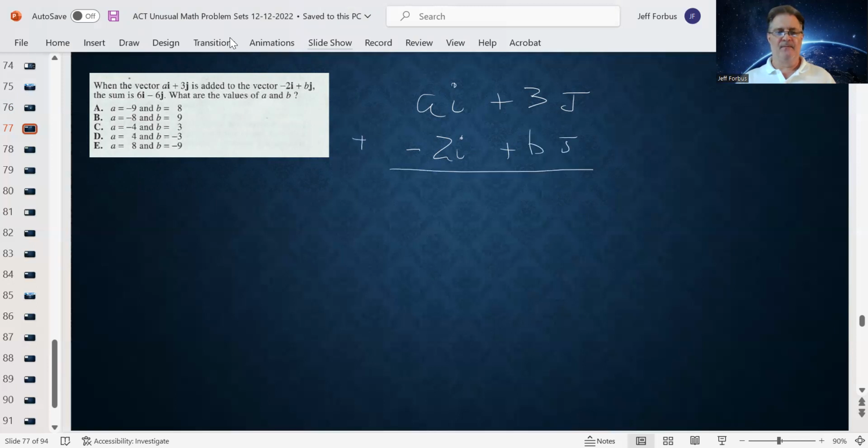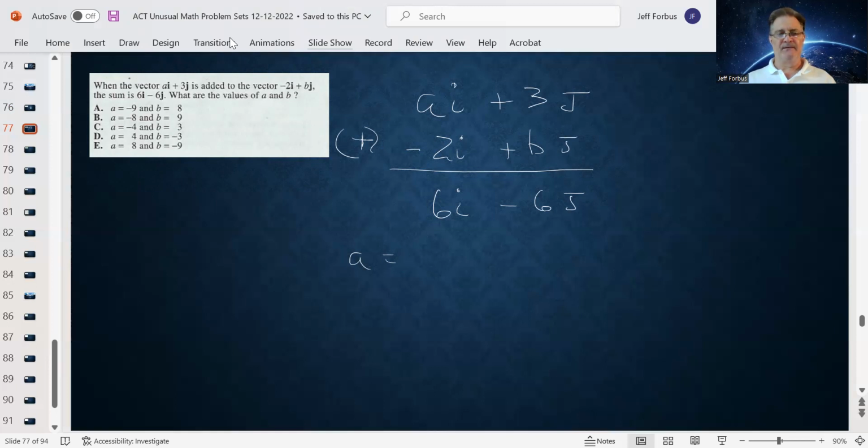So we're adding them. When these two are added together, it results in 6i minus 6j.